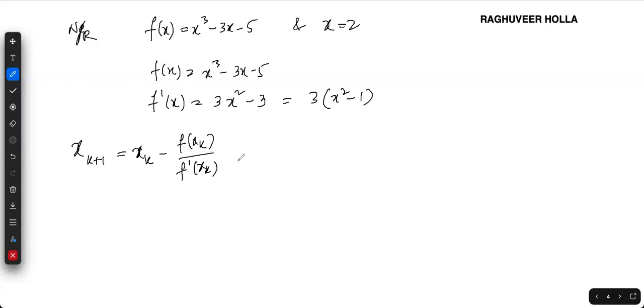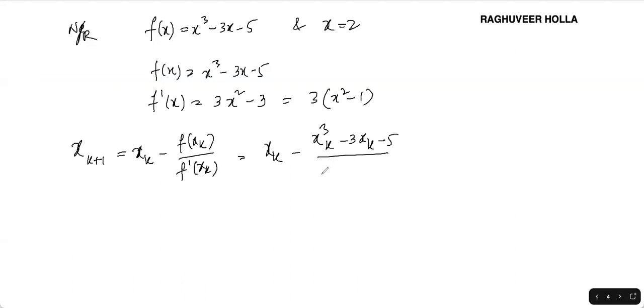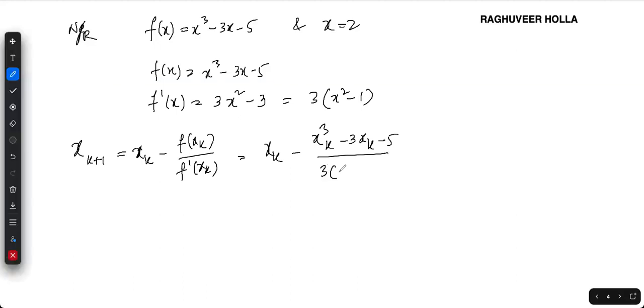Okay, so we can write this in general form as xk minus x cube k minus 3xk minus 5 divided by 3 times xk square minus 1, or we can simplify this as 2x cube k plus 5 divided by 3 times xk square minus 1.